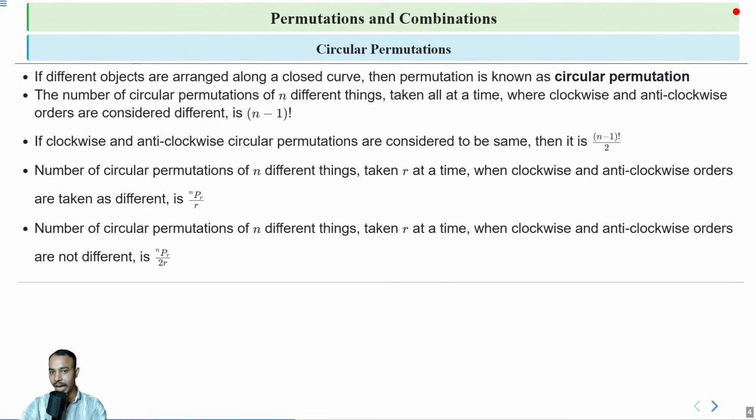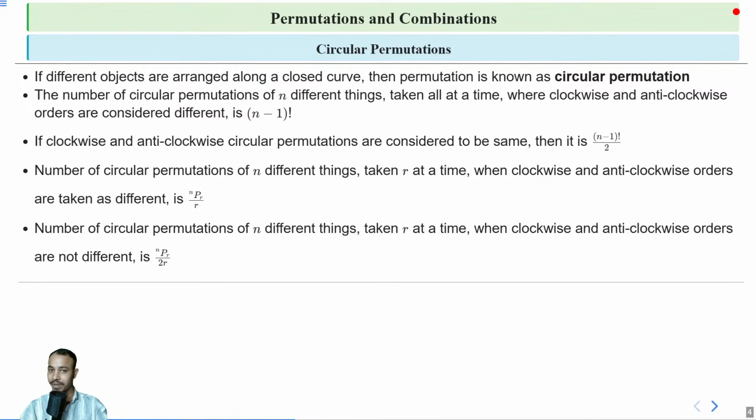You are taking r items from n different things at a time, and in that case we have to find the number of circular permutations. This is similar to before. Before, we first selected and arranged r items from n different things in a line in nPr ways.